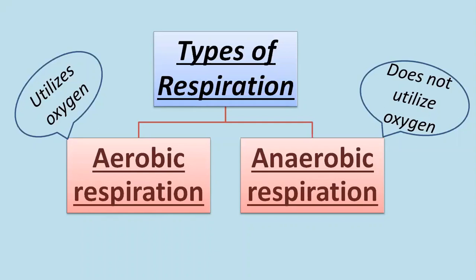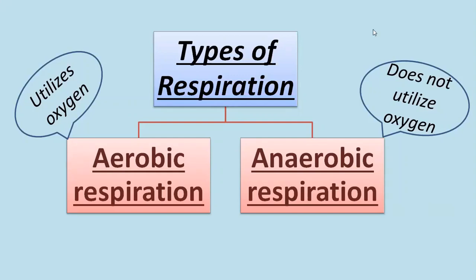Whereas anaerobic respiration is the process of breakdown of food, that is glucose, in the absence of oxygen. So here, anaerobic respiration does not utilize oxygen. The glucose is partially broken down to release energy.